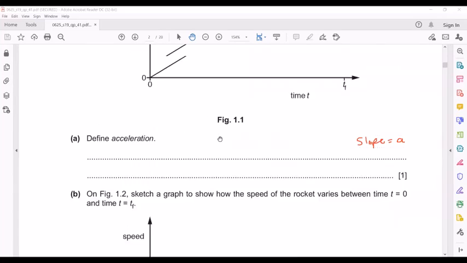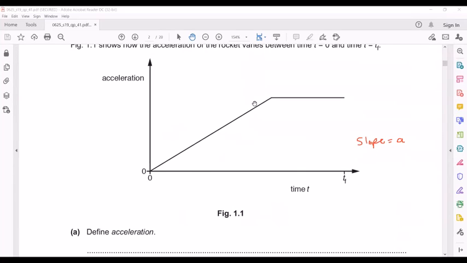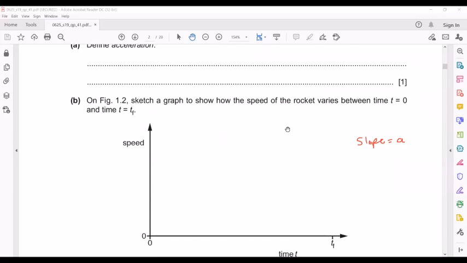Now, first what is happening? The acceleration is increasing, as you can see in the acceleration time graph. So if acceleration is increasing, what happens to the slope of this line? So we should draw a graph for which first the slope will increase. So in the way, how do we draw a line for which the slope is increasing? So this is a line for which the slope is increasing.